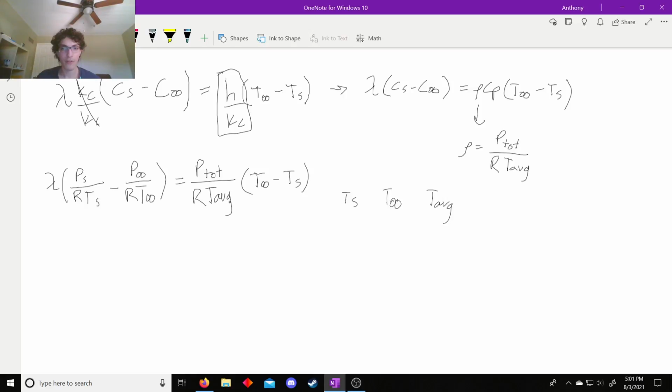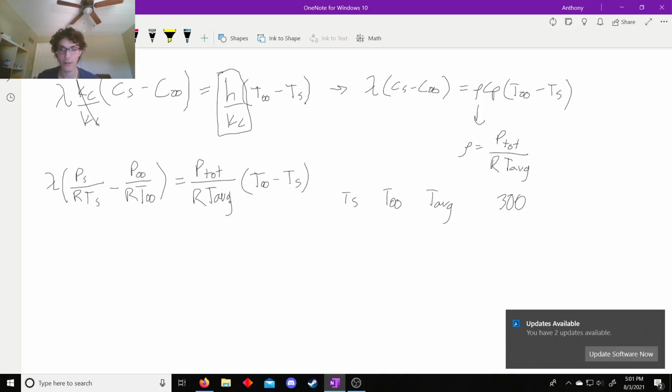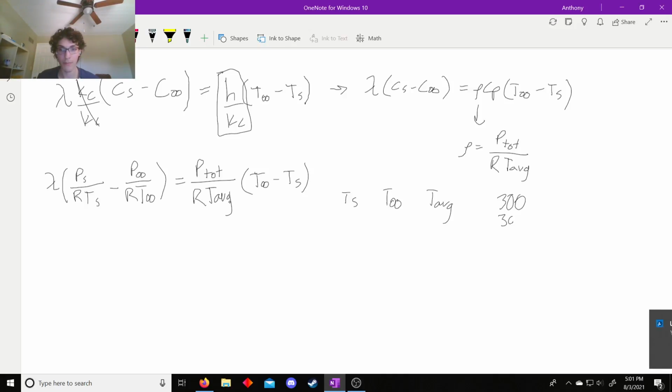If these temperatures are in Kelvin, they might be something like 300 Kelvin, 305 Kelvin, and 310, something like that, where these temperatures are very close together.